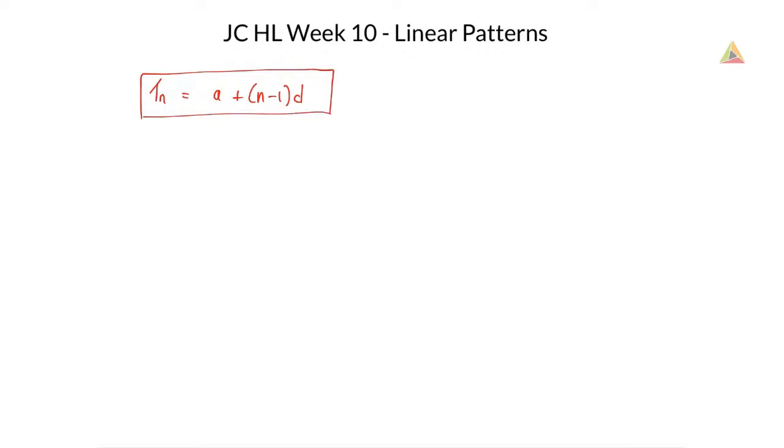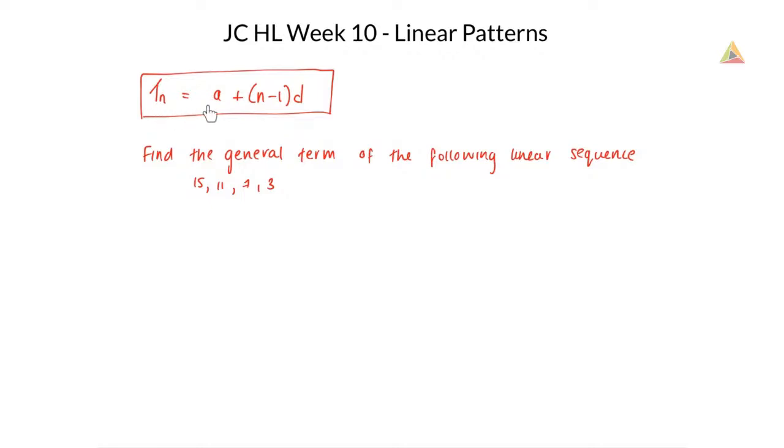Okay, so the example is find the general term of the following linear sequence. So 15, 11, 7, 3. Okay, so if we were to look at this formula, this is basically coming up with a general term in which you can put any value for n into.